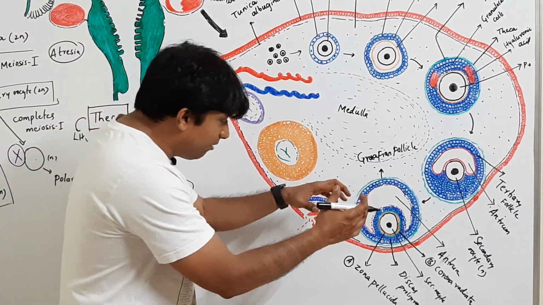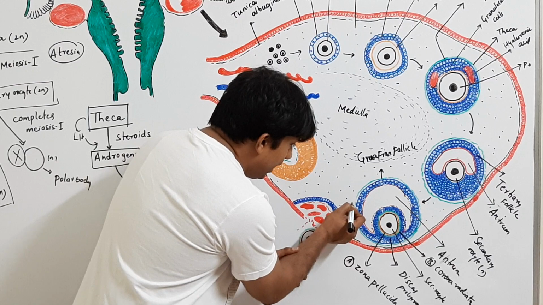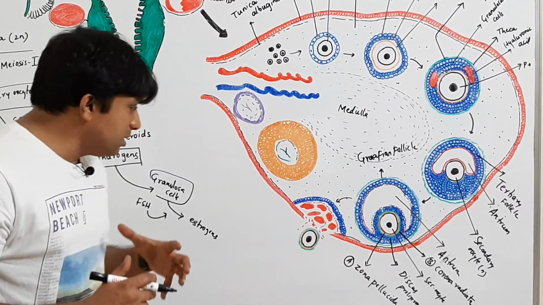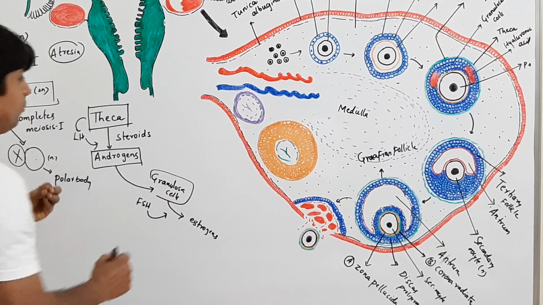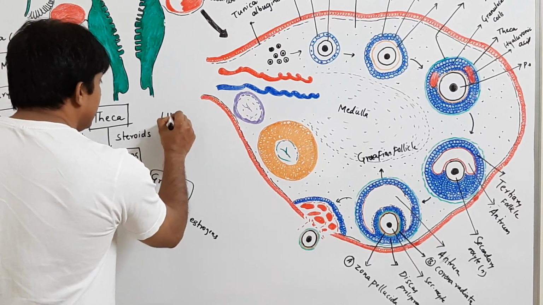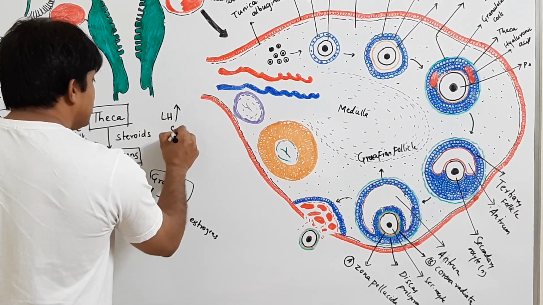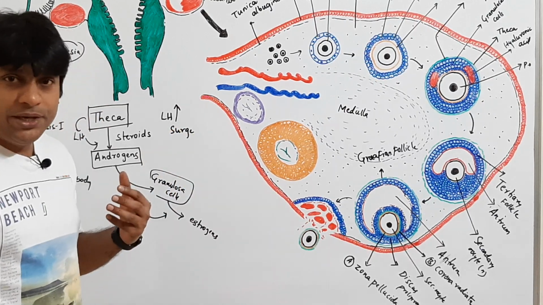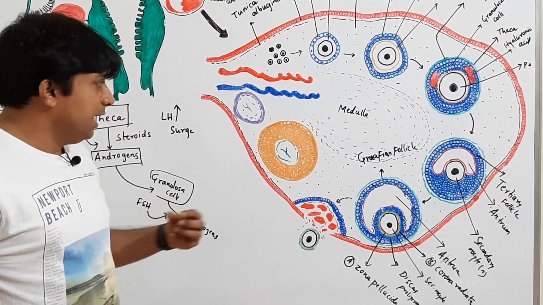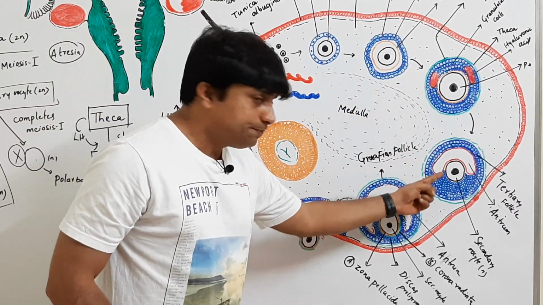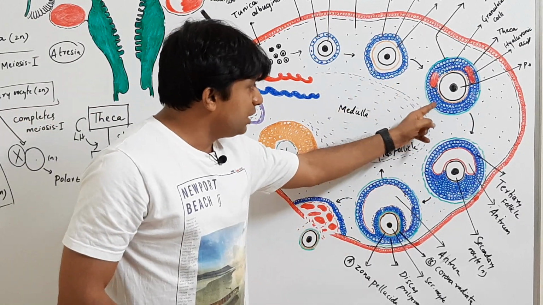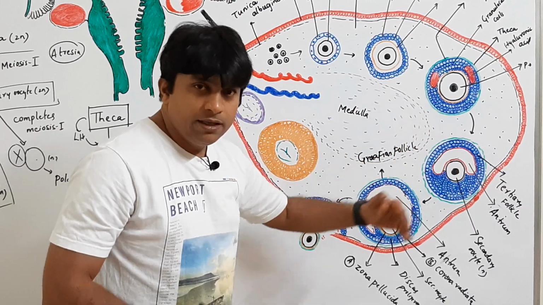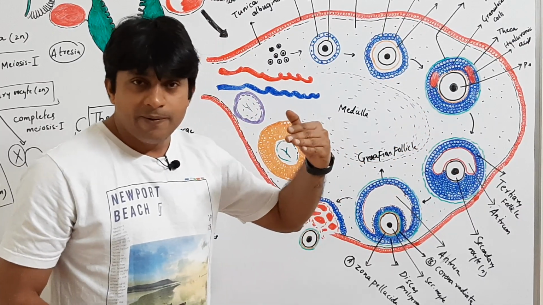Now this Graafian follicle moves to the periphery of the ovary. Because luteinizing hormone levels are very high, which is called LH surge. Estrogen levels keep increasing here. The follicular cells keep secreting estrogen, and the levels of estrogen increase.